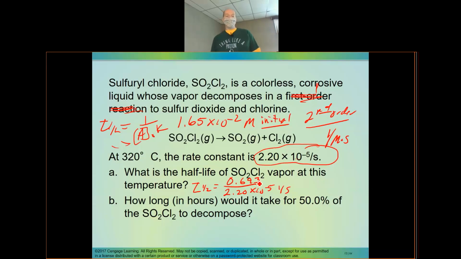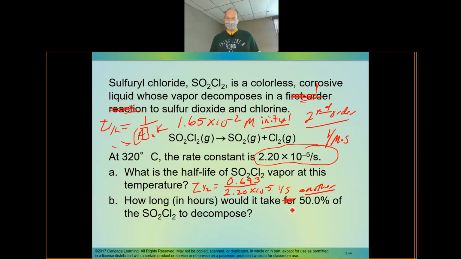All right, and so my question is, so this is a bad question. What they wanted to do is, how long in hours would it take for another 50% of the SO2Cl2 to decompose?